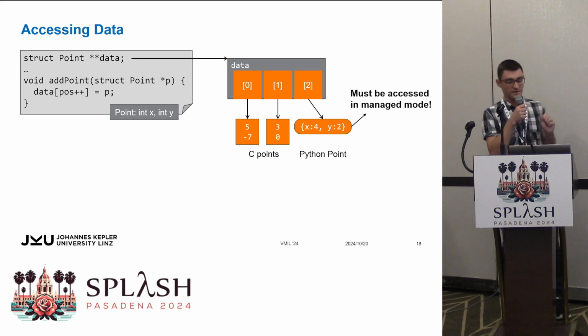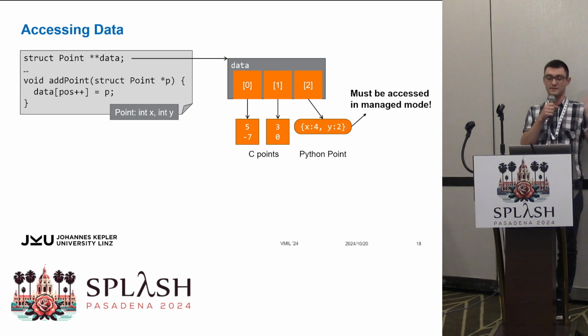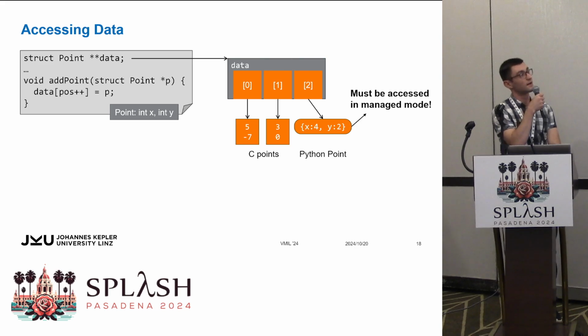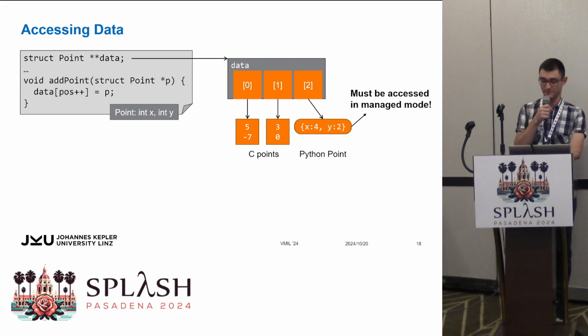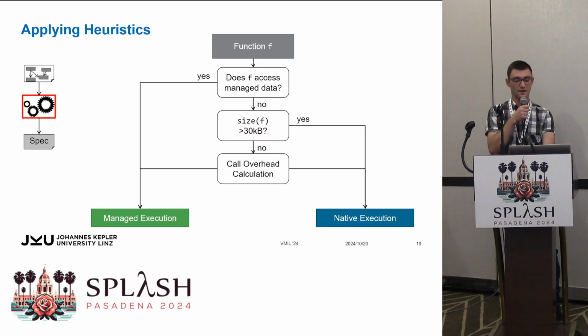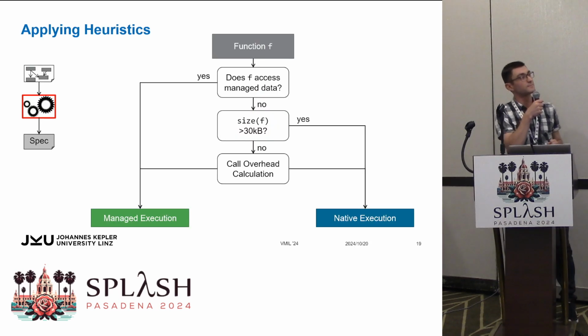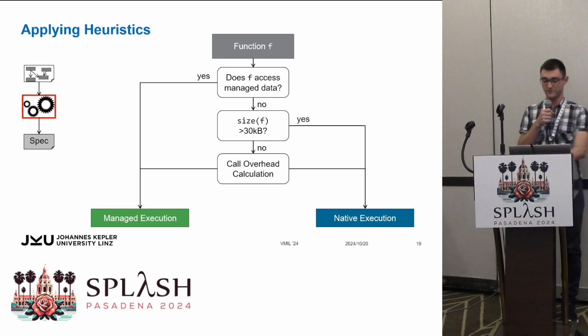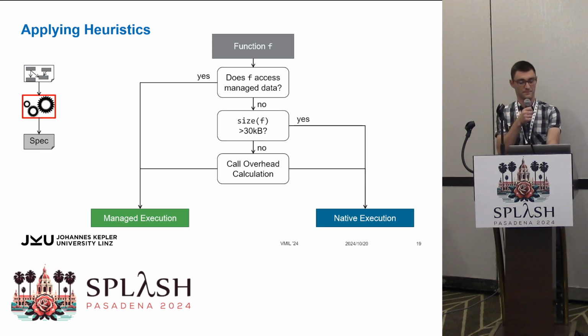Important to mention here, if we only access the element 0 and 1 of this array, the function can still be executed on the native side. So it's really when we access the data element itself. This is the reason: if we access managed data, then we have to go for managed execution.